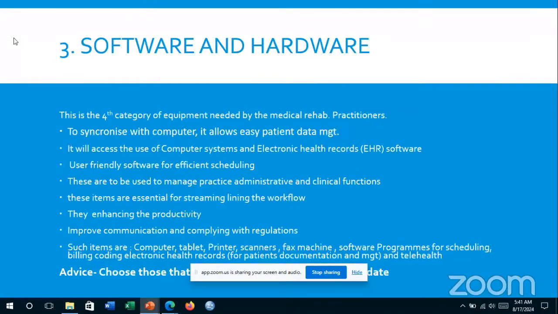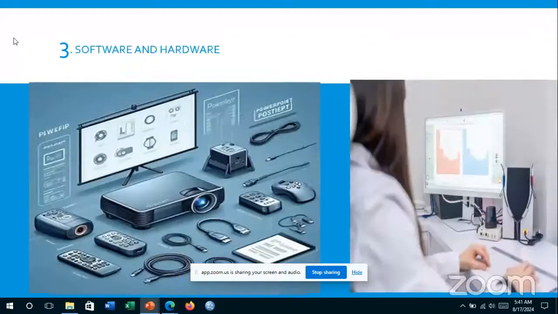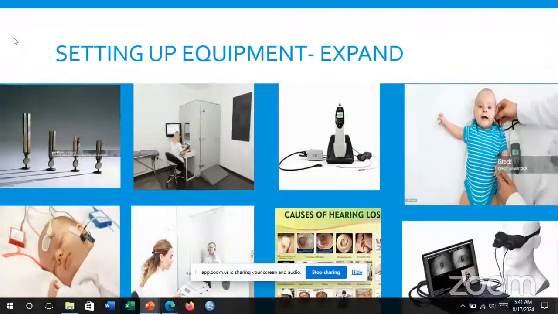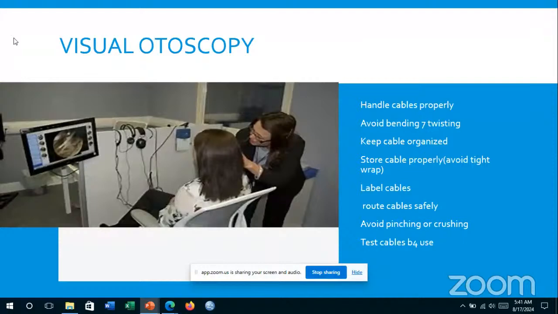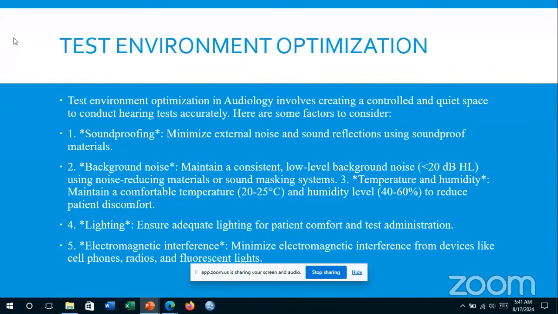Quality control must be considered as well. That is regularly assessing and optimizing the test environment to ensure high quality test results. So if our test environment is well optimized, audiologists can assure accurate and reliable test results, which are essential for proper diagnosis and treatment of hearing disorders.